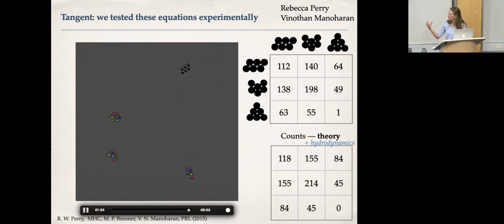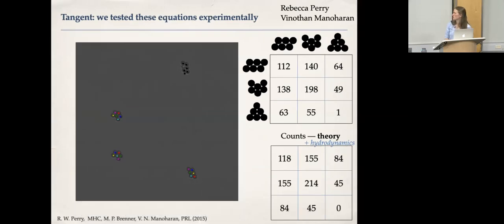But once we measure the hydrodynamic friction associated with each transition path and incorporate that into the theory, we get numbers that look quite a lot like the numbers that we measured. There are no fitting parameters here, just measurements. There's statistical error and asymptotic error, which we believe accounts for the difference between these numbers.